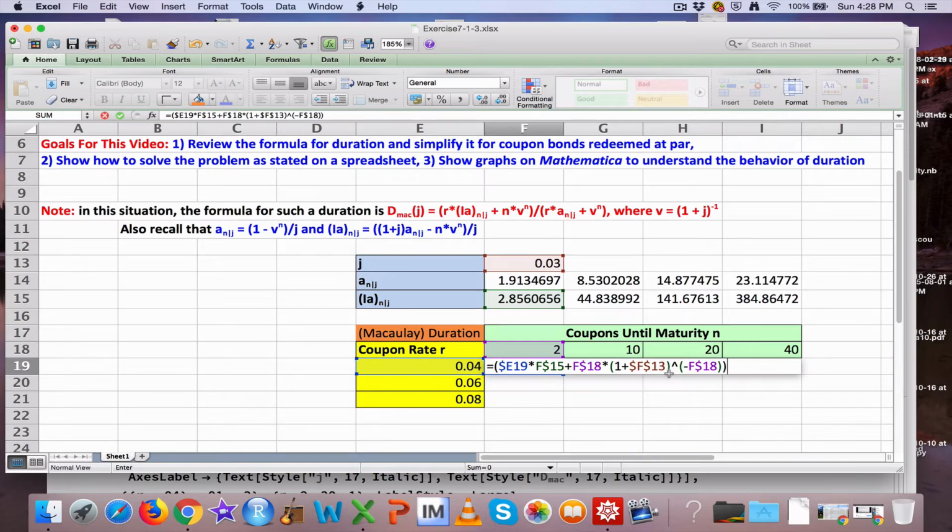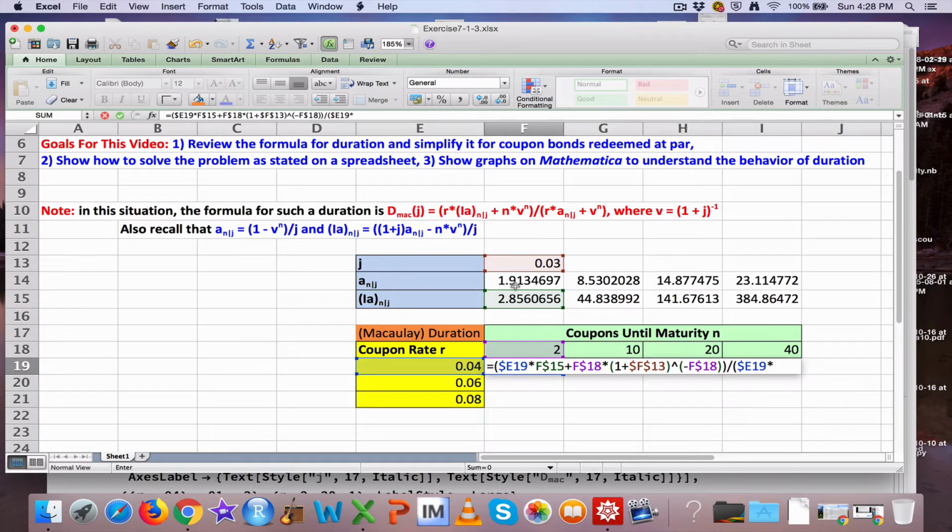Check my number of parentheses here. I've got the numerator here of this fraction. Looks good, I think. I want parentheses again. R, $E19 again times ANJ. Not INJ, but ANJ.